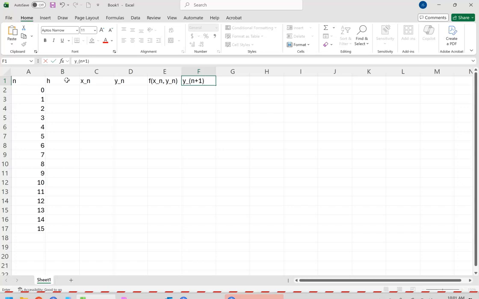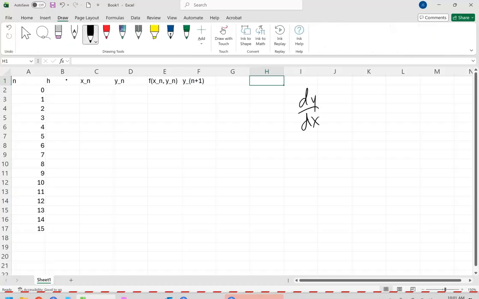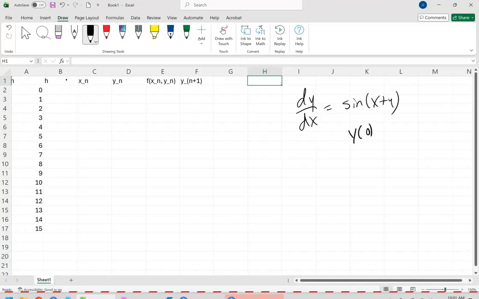Let's write down what the original differential equation was. It was dy/dx equals sine of x plus y. And I said that our initial condition was y of 0 equals 1.